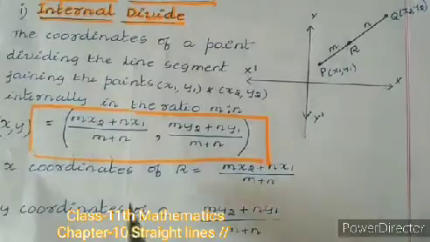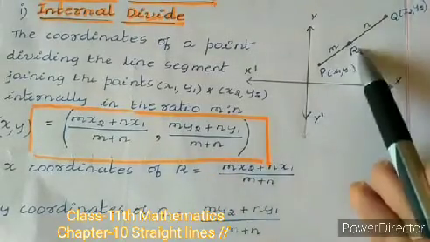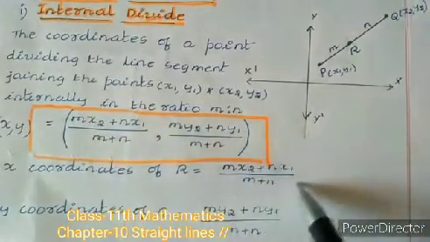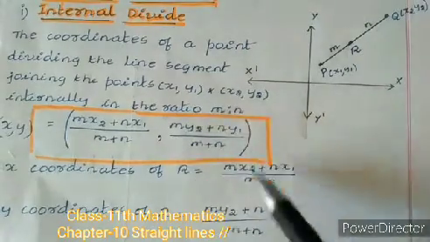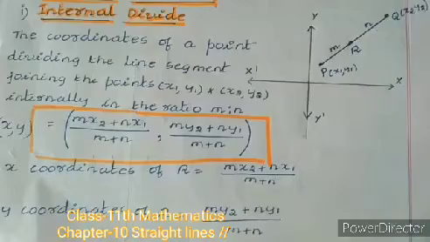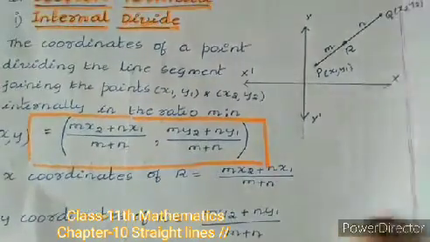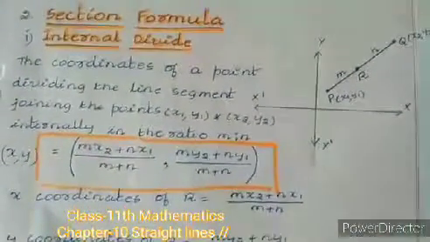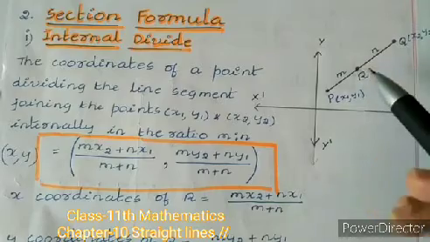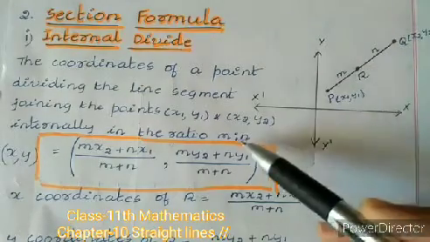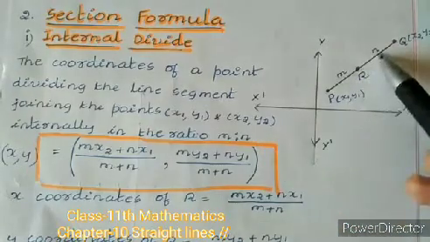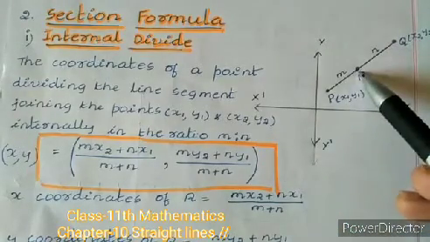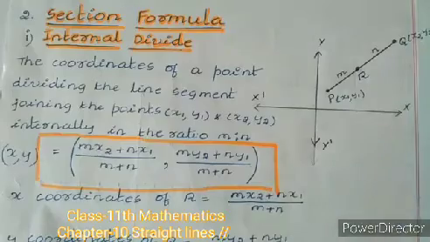That is, here the x coordinate of R we can find out by using this formula, and the y coordinate of R we can find out by using this particular formula. So this is the formula to find the coordinates of the point, it may be a midpoint, that depends on the ratio, that is here it's given as m ratio n. Based on that, this point's coordinates we can find out by using this formula.